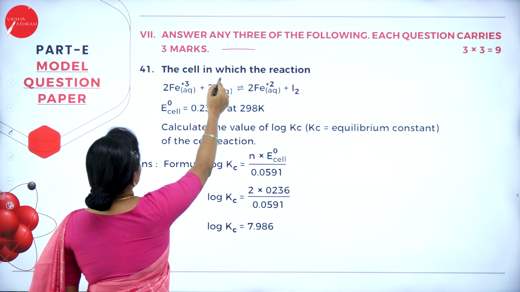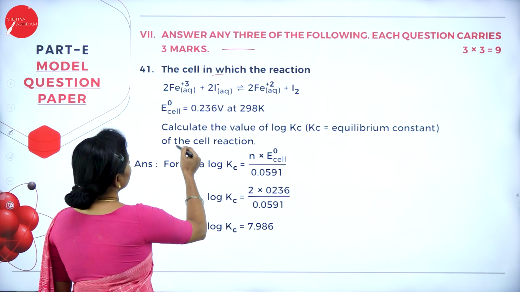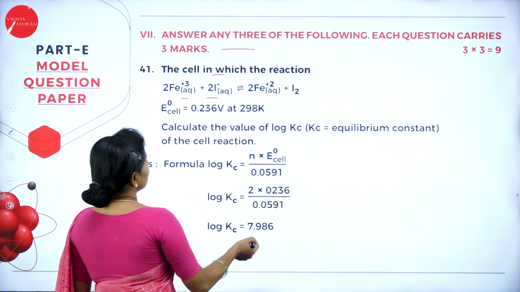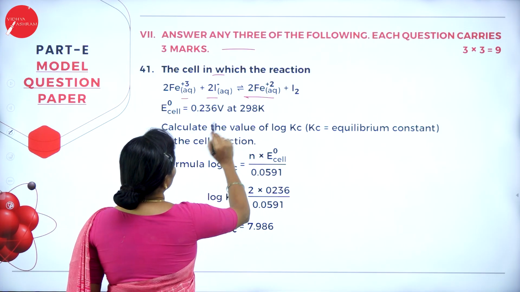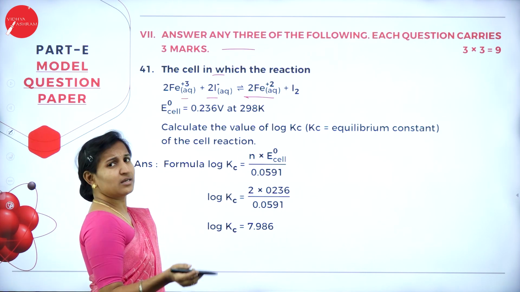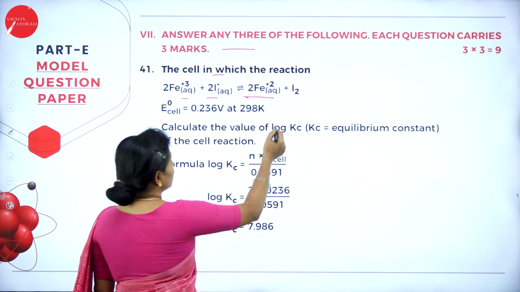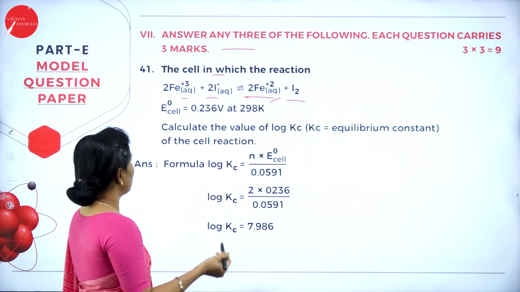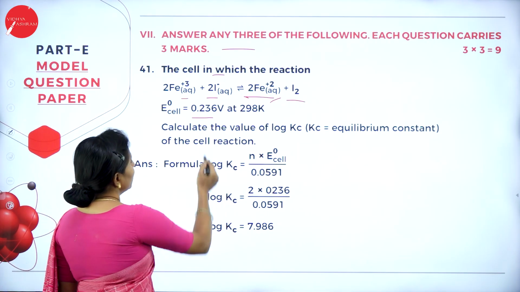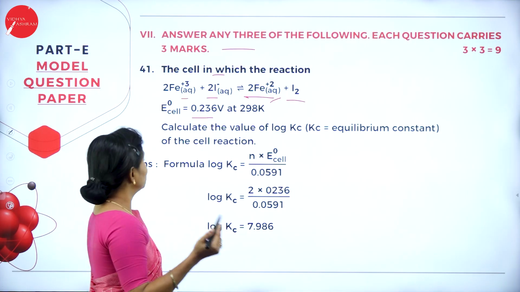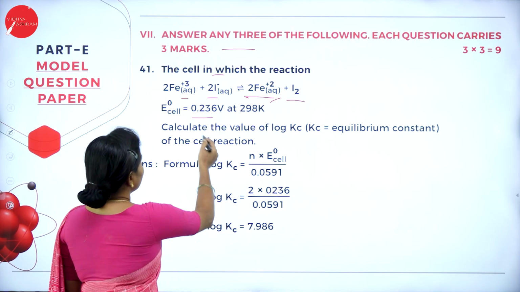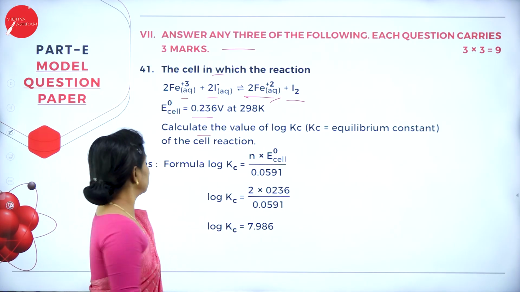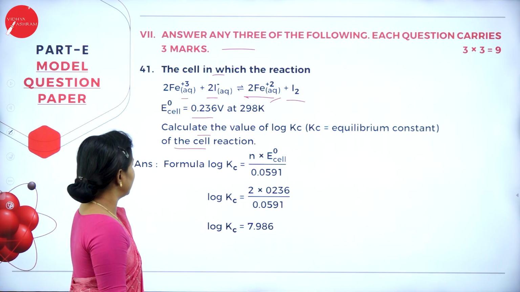The cell in which the reaction, we have a given reaction Fe3+ (aq) and iodide (aq) gives Fe2+, that is it gets reduced to Fe2+, and iodine. They have given E0 of the cell, that is 0.236 volt at 298 Kelvin. Calculate the value of log Kc. Kc is the equilibrium constant of the cell reaction.